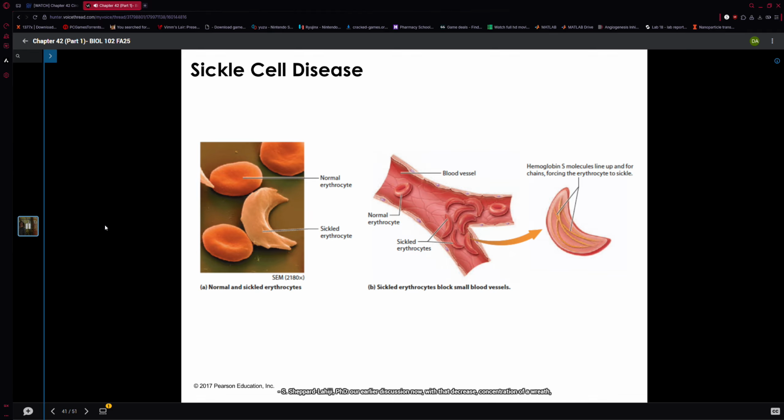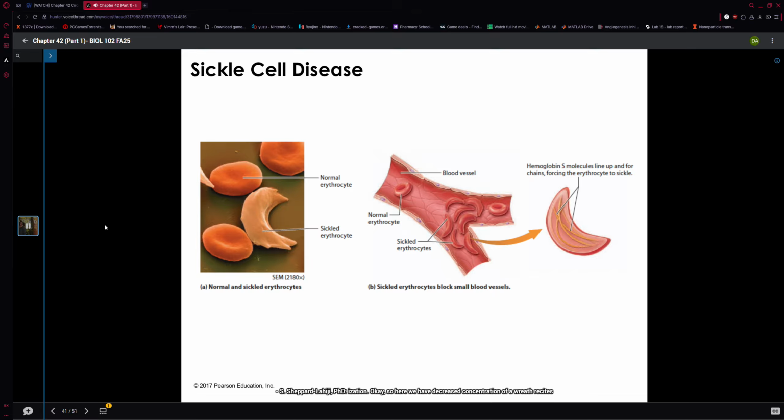Now, with that decreased concentration of erythrocytes and hypoxic conditions, and hypoxic conditions will mean we have low oxygen, that's actually going to stimulate sickling. So the process of entering areas where the oxygen concentrations are low induces the polymerization.